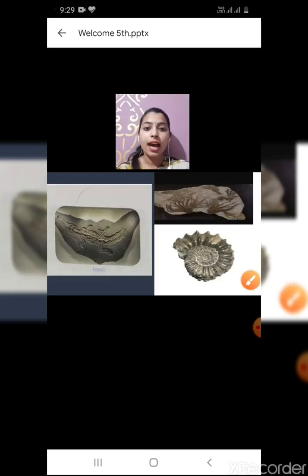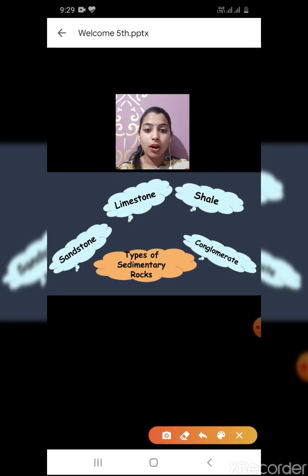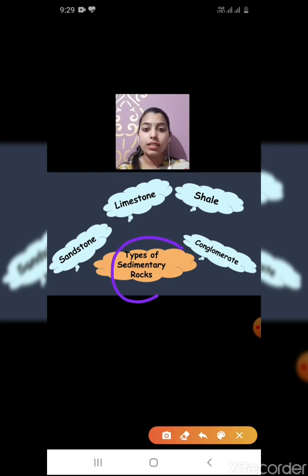Now we have the types of sedimentary rocks. What? The types of sedimentary rock. There are 4 types. First one is sandstone, S-A-N-D-S-T-O-N-E, sandstone.